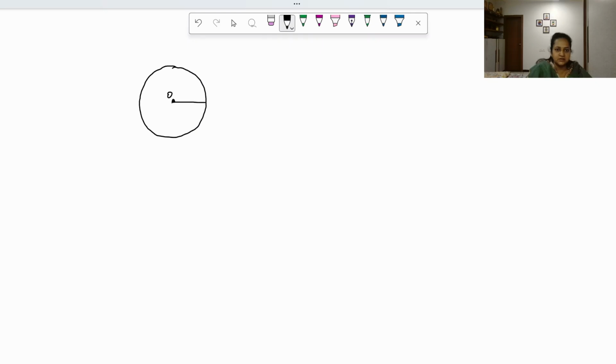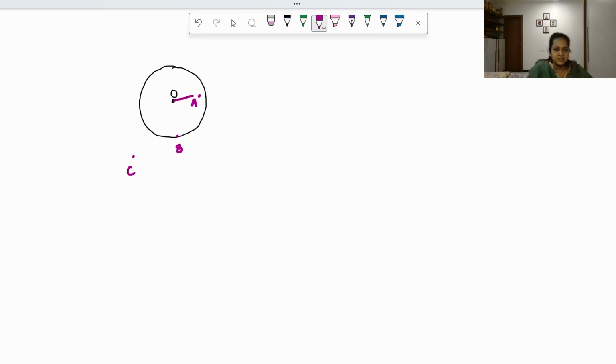Moving ahead. We know that in a circle, the line segment which joins the center to any point on the circle is called the radius of the circle. Now we need to understand again: if I have a circle with center O, and I ask you to plot any point in the plane, there are only three possibilities, children. We have a point A over here, or B over here, or C over here.